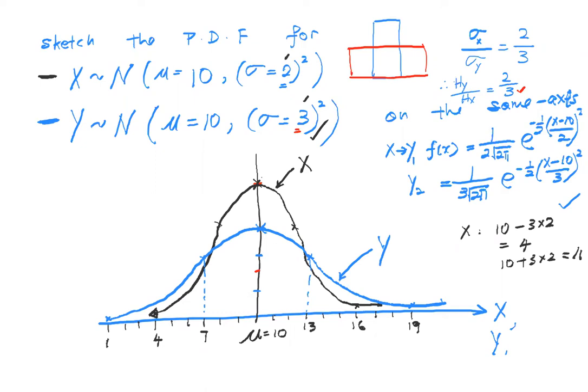Clear? So if you sketch the graph using the graphic calculator, it also gives you the same. Actually, you can sketch the graph using the graphic calculator without keying in this formula. Do you know that? If you go to second draw, I think you can draw that. I'm not very sure.